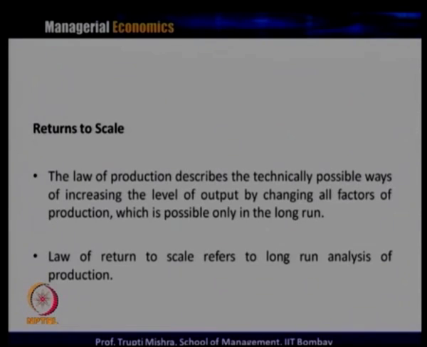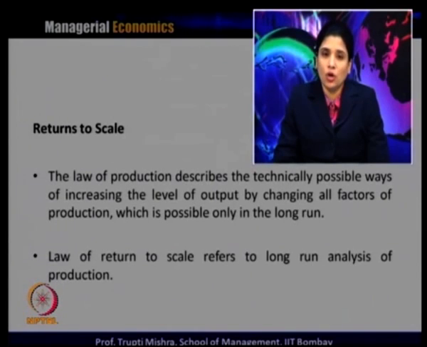So to start with, we will discuss the long run production analysis through the return to scale. If you remember, the law of production describes technically possible ways of increasing the level of output by changing all factors of production, which is possible in the long run. Basically, by changing the input combination, and which is possible only in the long run, because in the short run you cannot do many combinations of input as one input has to be fixed.